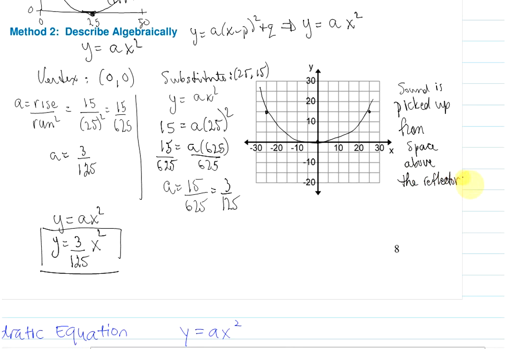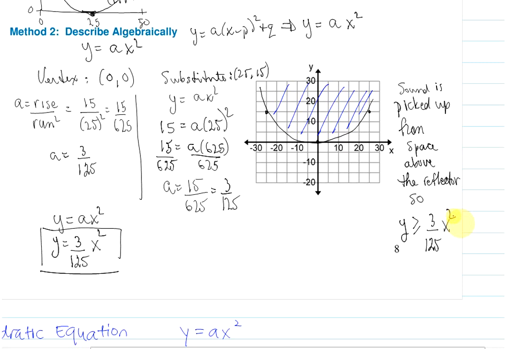So if we want to write an inequality for this, and the sound comes from above the reflector, that means the region we're considering is this. When we go to write our inequality, above the line means greater than, and because we used a solid line to graph, that means equal to. So y is greater than or equal to 3 over 125 x squared.